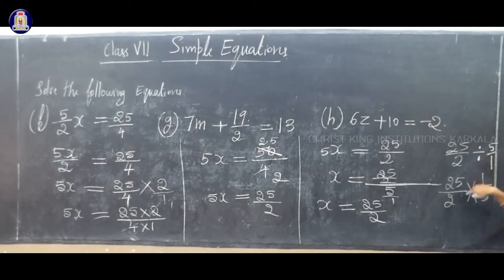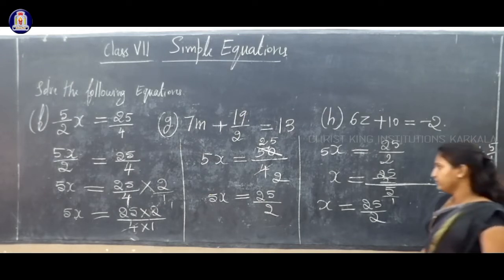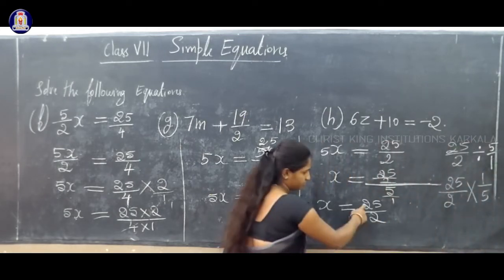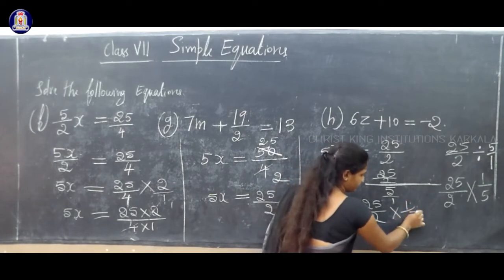Correct? Division will change into multiplication. That means we are writing inverse of this. Clear? Inverse of 5 by 1 is 1 by 5. So now 25 by 2 into 1 by 5.